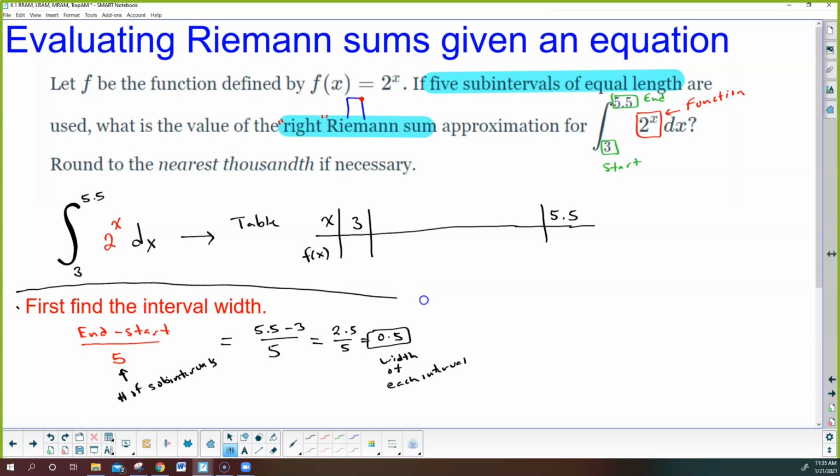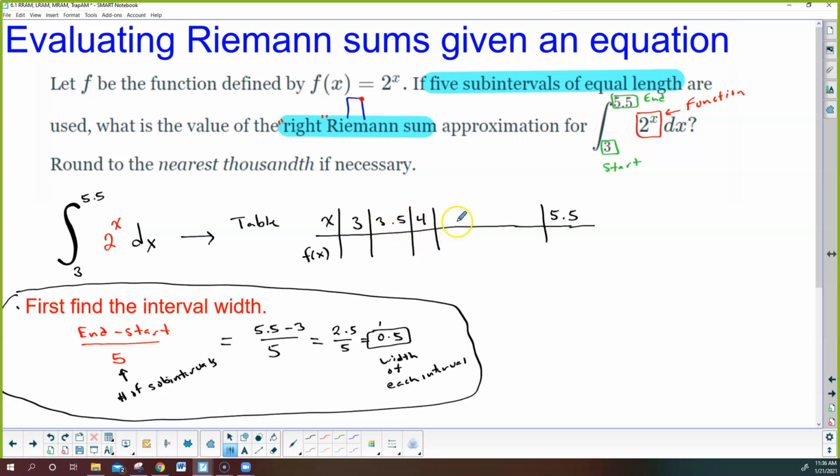Now, if I was doing this, I wouldn't show this work, right? I guess you don't need to. I would just do that in my calculator or do it in my head. But that means that I'm going to go up 0.5. So the next point is 3.5. And then I've got 4.